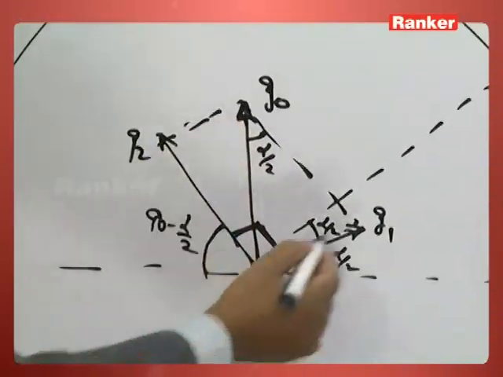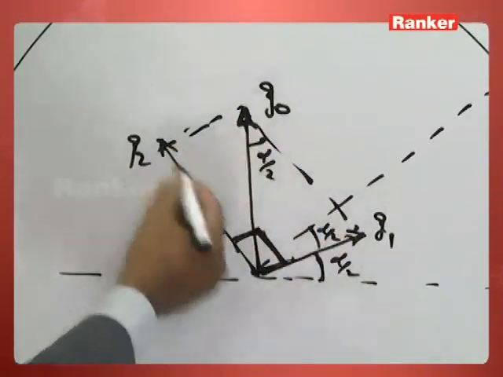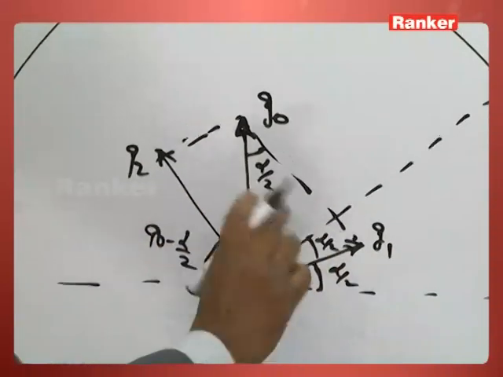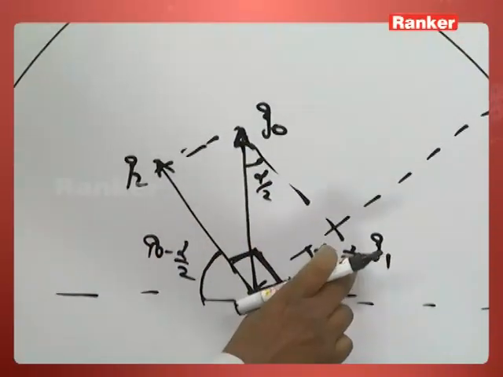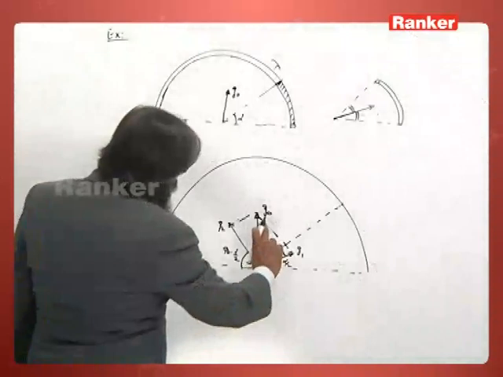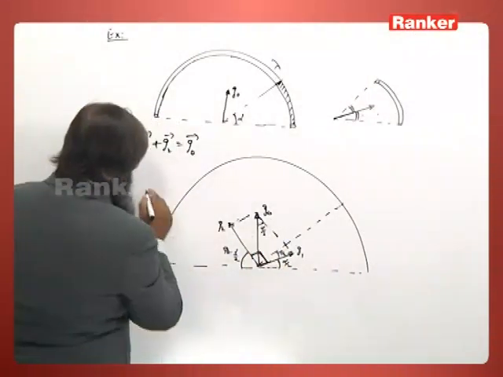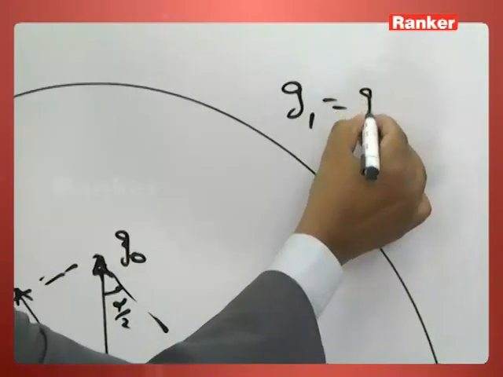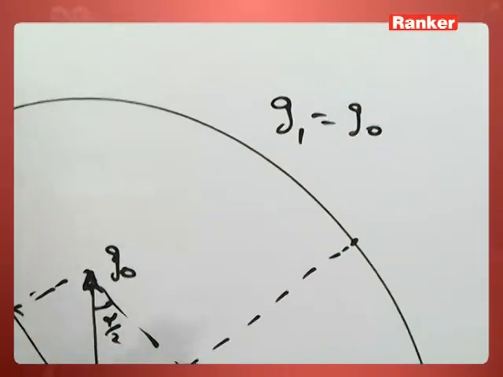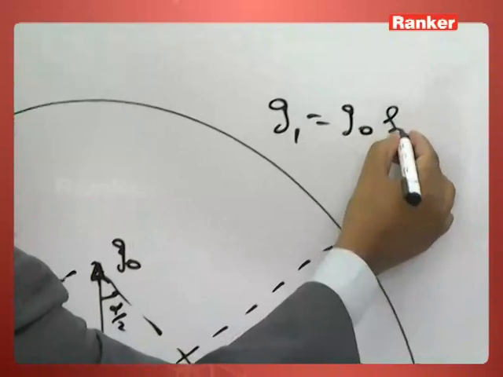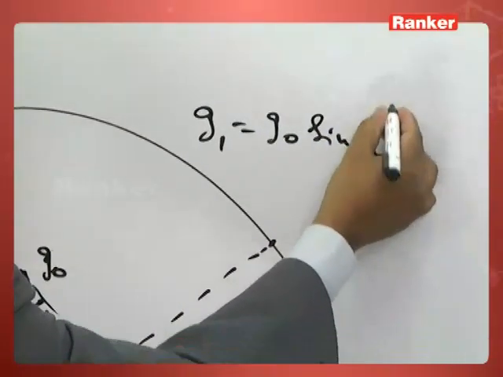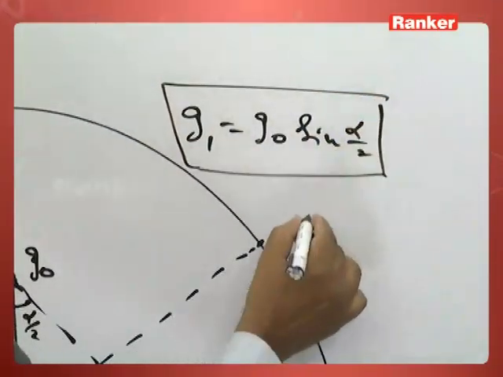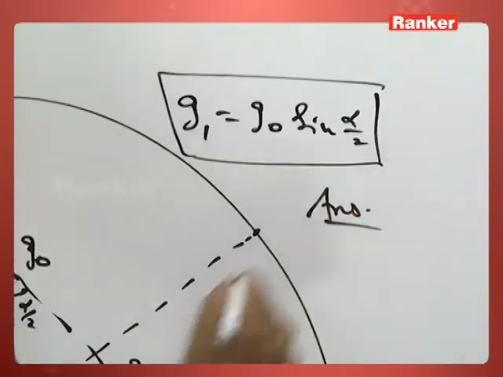Now you see this is a rectangle we can see. So G1 becomes G naught sin alpha by 2. So this is our answer.